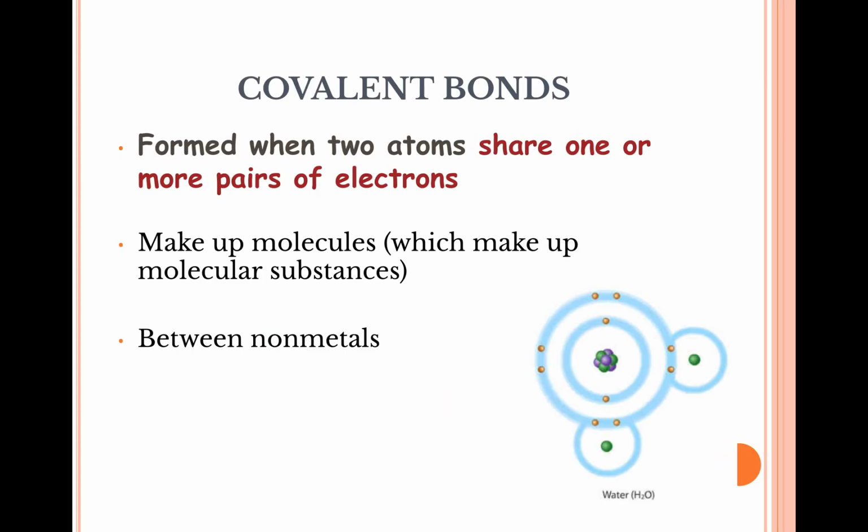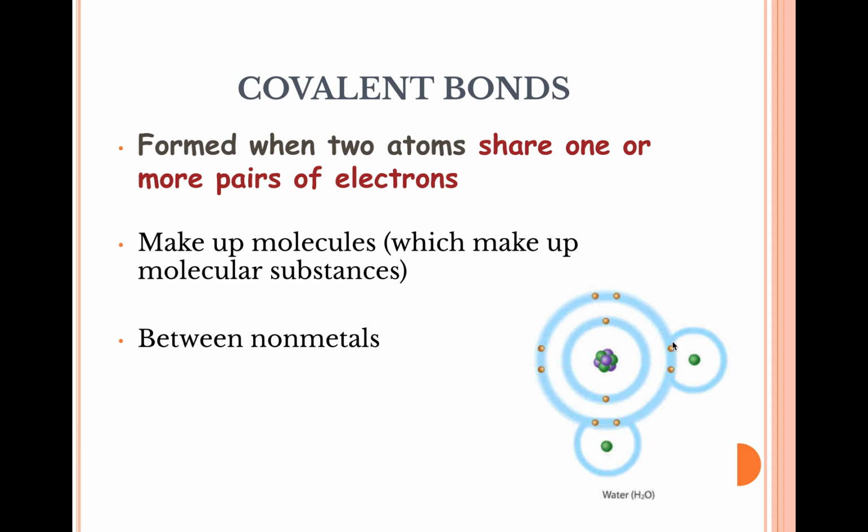And that's what this page is basically telling us. Covalent bonds form when two atoms share one or more pairs of electrons. Down here you see water. The way this picture works, we look at the valence electrons of oxygen: 1, 2, 3, 4, 5, 6, 7, 8, fills its octet. Hydrogen only needs 2 because it just has one energy level: 1, 2. This hydrogen has 1, 2.